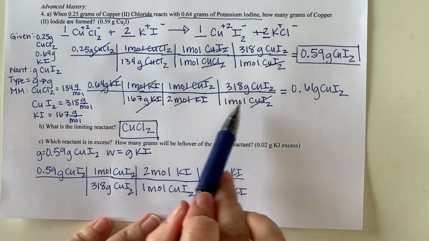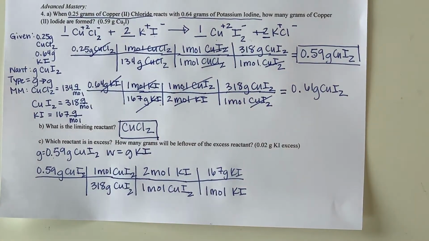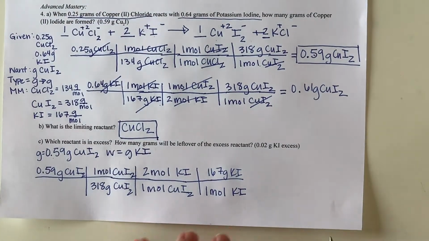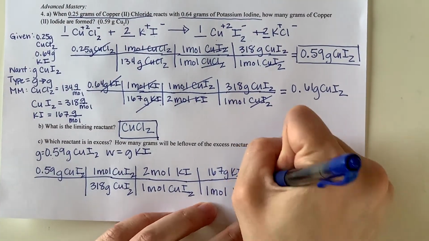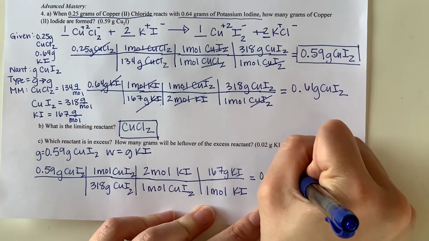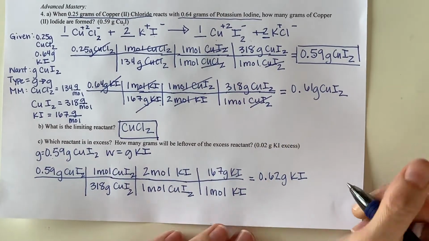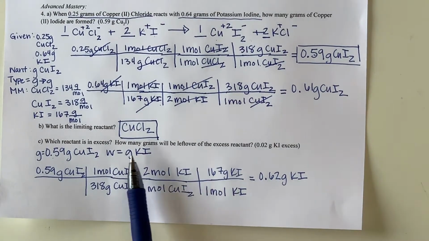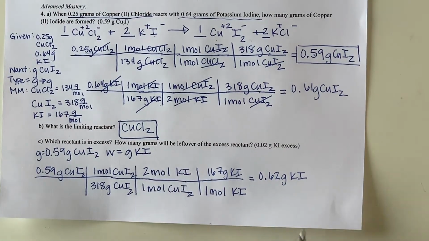And you'll notice this is kind of the backwards of what we did in part A. We're just working backwards. So I do my math. I found out I needed 0.62 grams of potassium iodine. Now the question asks how many grams will be left over.